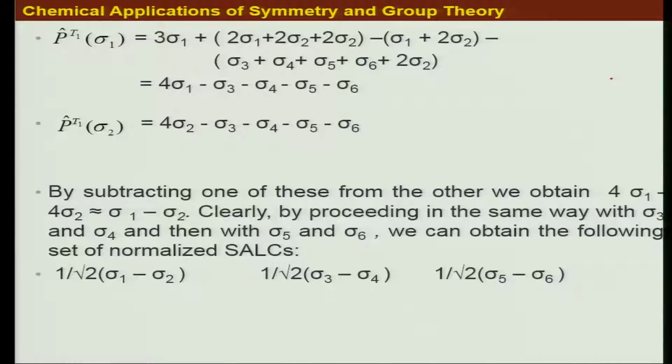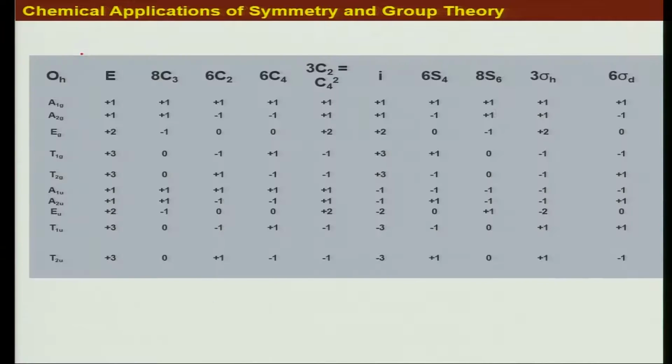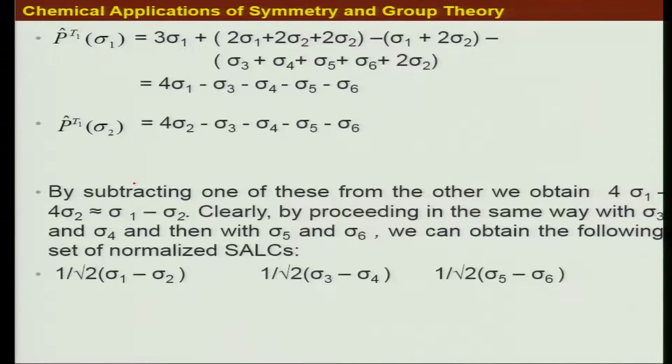All right. So what we have got? If you look at the character table for Oh here, you will see there are three-dimensional representations. It's like T1 and T2, both g and u. You get the symmetry adapted linear combinations for the T1 irreducible representation when you operate on any of these functions.